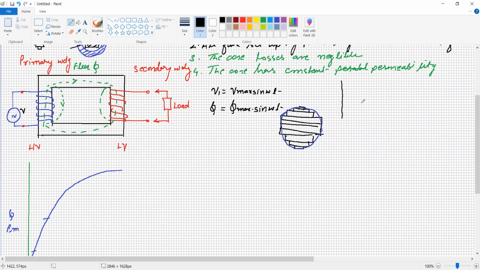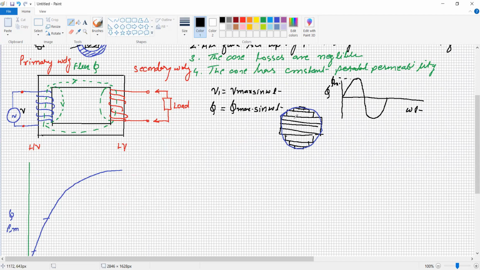So this is phi, and this is omega t. Somewhere the flux becomes maximum. This is phi maximum, and it will follow the same wave shape.